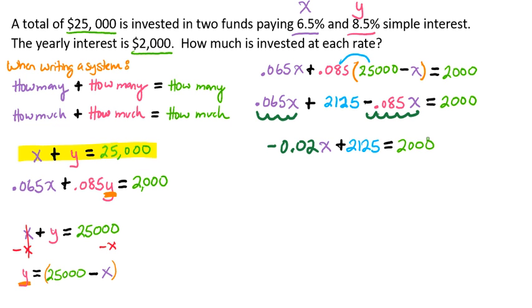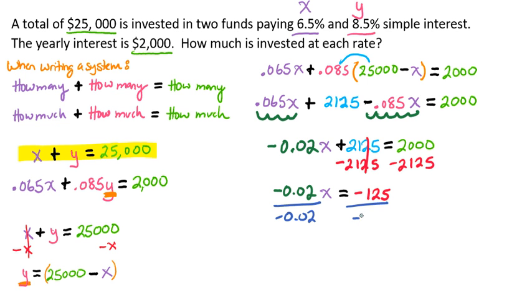Now from here, we're going to finish solving. We subtract 2,125 from both sides, and that leaves us with negative 0.02x equals negative 125. Then we divide both sides by negative 0.02 because we're just trying to get the x by itself.